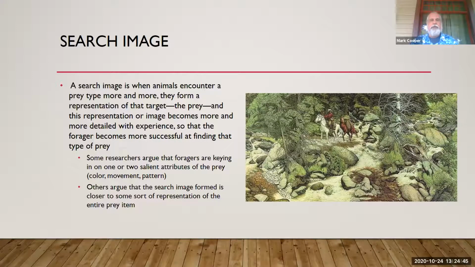Search image is when animals encounter a prey type more and more, they form this idea of what it looks like. We all have search images, things that we recognize. And some things we're better at than others. We usually have a better search image for things we care about. Some people are very good at recognizing car types.